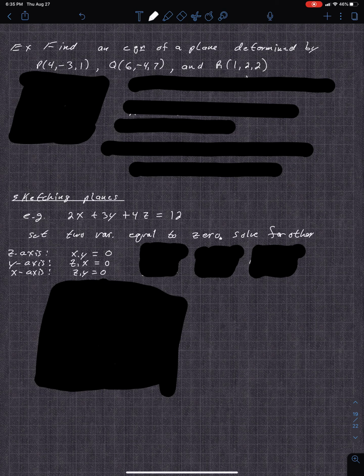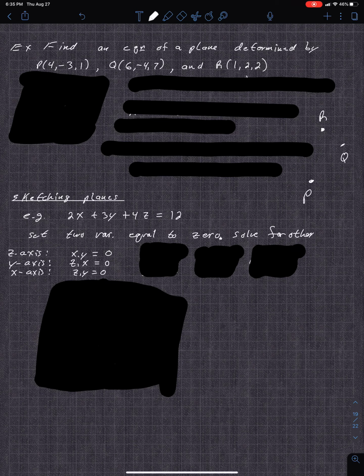So if we're given 3 points in the plane, we have these 3 points, P, Q, and R.